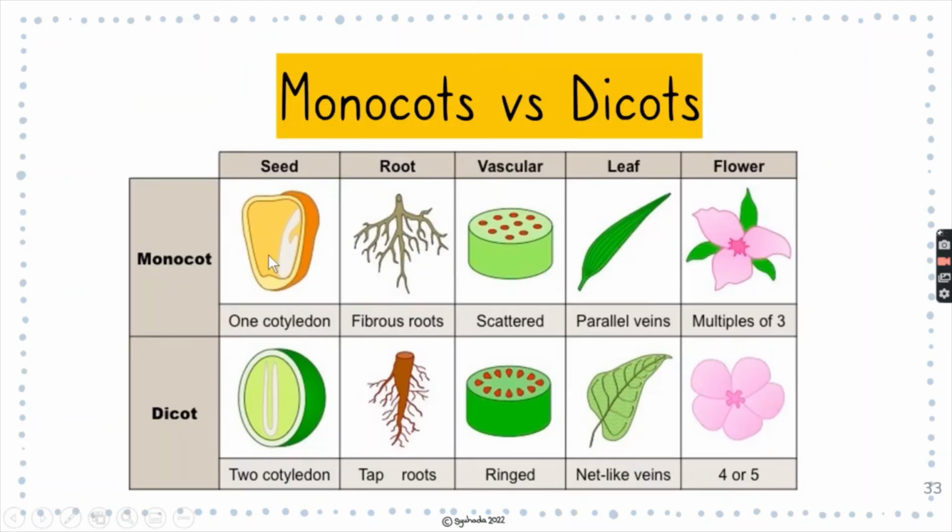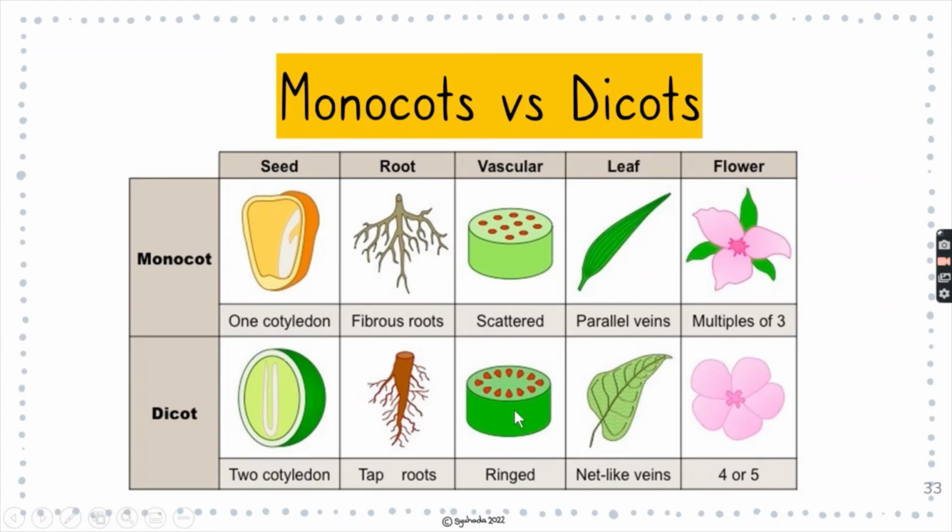So here is a summary of the differences between monocots and dicots. Monocot seeds have 1 cotyledon. Dicots have 2 cotyledons. Monocots have roots that are fibrous, and dicots have tap roots instead. Monocots have vascular bundles that are scattered, and dicots have vascular bundles that are in ring form.